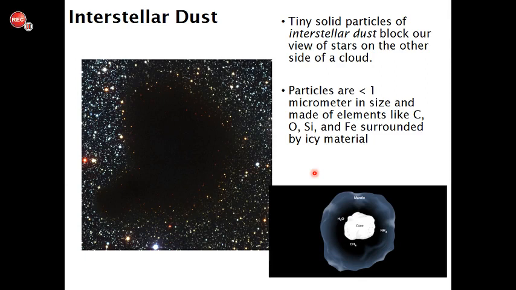I keep talking about dust. Dust is going to be heavier elements like carbon, oxygen, silicon, and iron, with hydrogen compounds around it. It's very small, less than a micron in size, but effectively solid particles, as well as individual atoms.